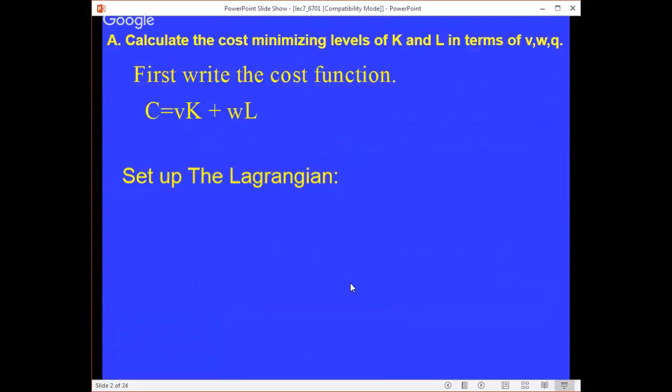First order condition with respect to K, the second with respect to L, and then you're going to do one with respect to lambda, which ends up giving you basically the production function.